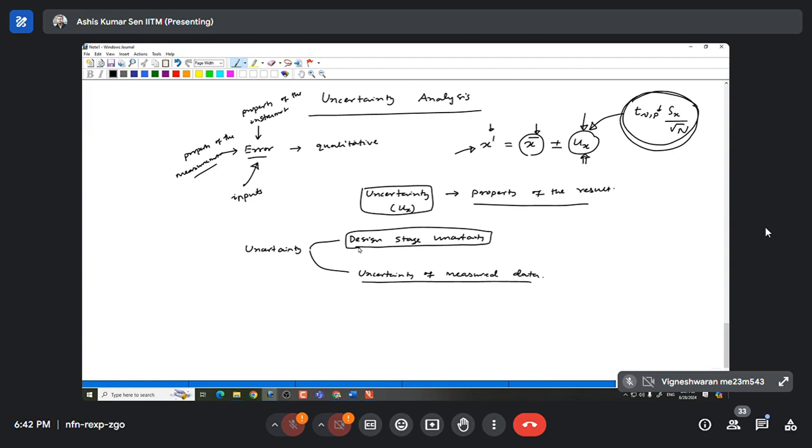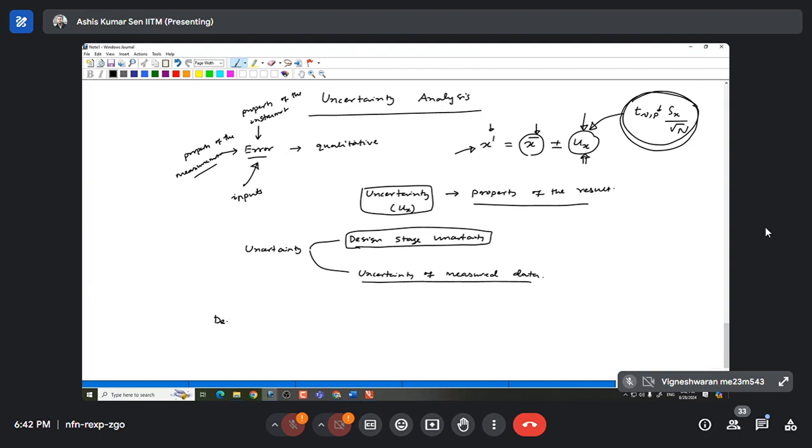Okay, design stage uncertainty, to calculate the design stage uncertainty, there are two things that are important. One is the resolution of the instrument, and the second is the different kinds of errors that instrument would carry. Right?